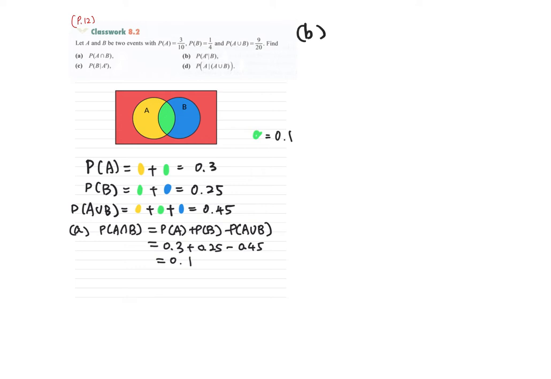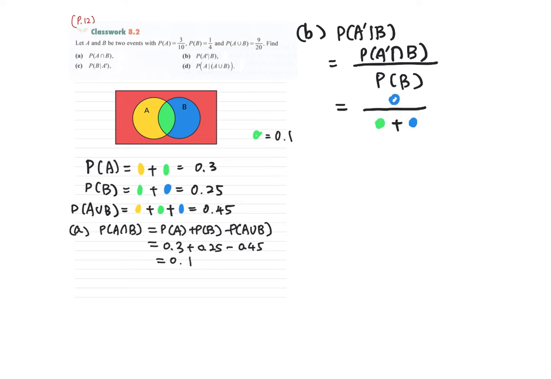So for part B, it's the probability of B given not A. So I have the probability of B first, and then the probability of not A and B. Okay, so this means the intersection of these two. Then next, the probability of B, we know that is the green and then the blue one. If using color, you can use it as the green part plus the blue part, and then not A and also B. So this means you have to find the blue part.